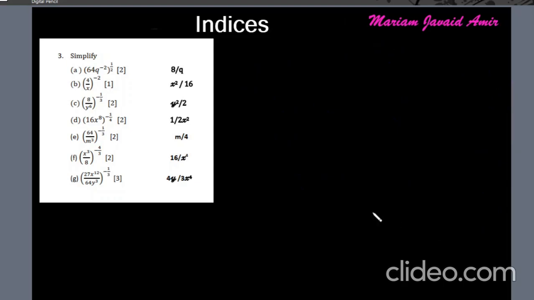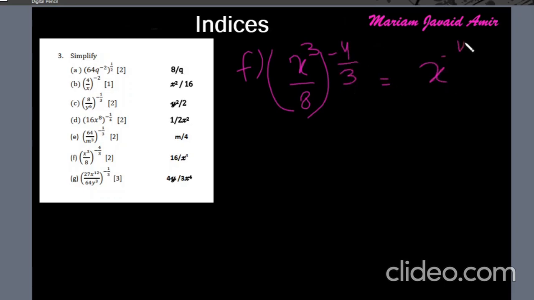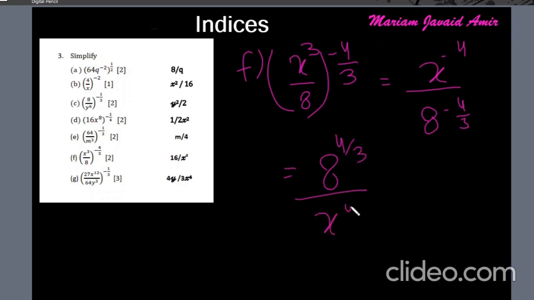we've done part E. I believe part F is x cube over 8, whole power minus 4 over 3. This gives x power minus 4 over 8 power minus 4 over 3. So taking the negative power in the denominator to the numerator makes that positive, and bringing x power minus 4 down makes that positive.